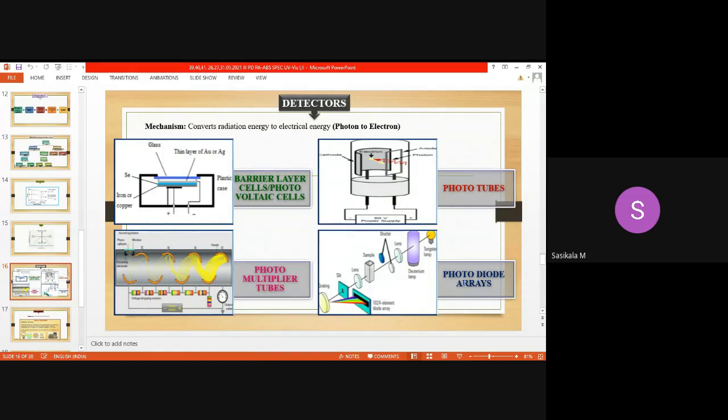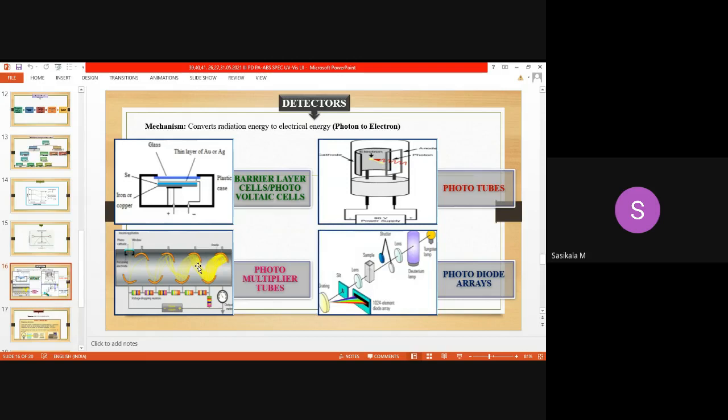That is called the photodiode array. This is the diode array where the signal is multiplied. So these two increase the sensitivity of analysis, and the accuracy of your absorbance for the sample will be high.